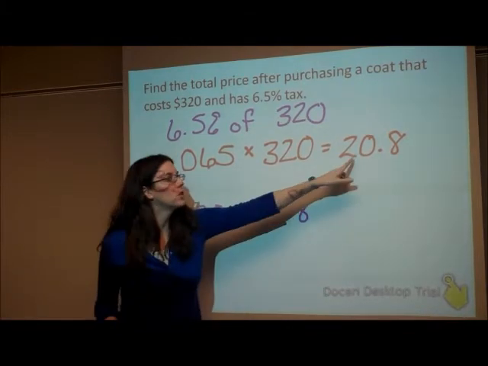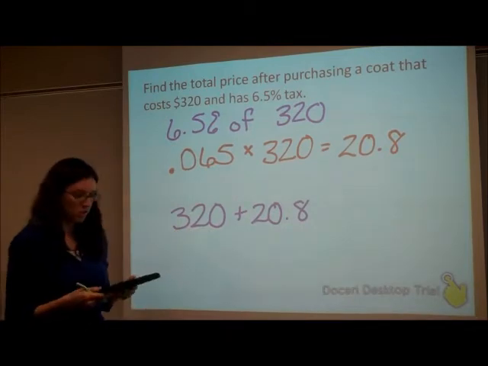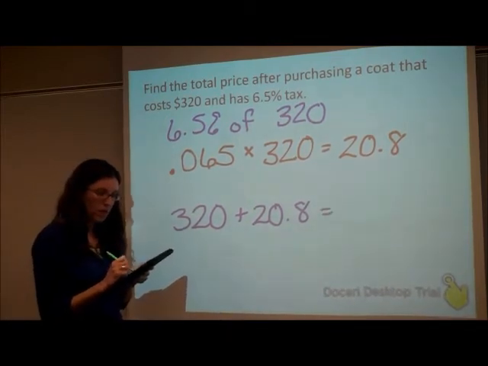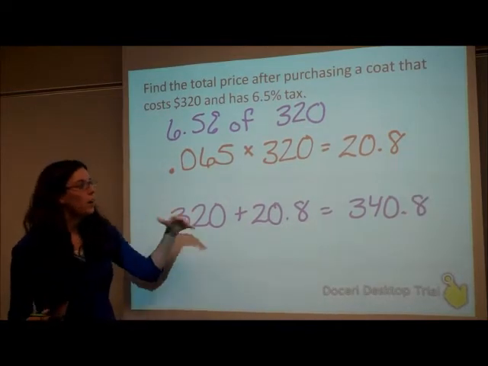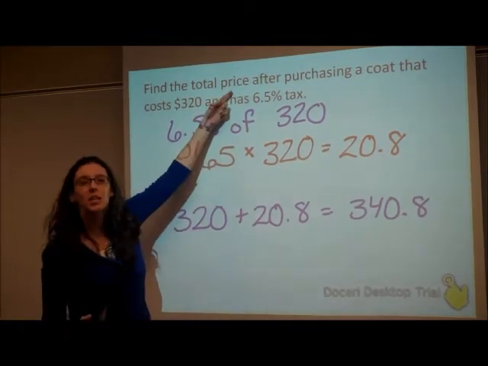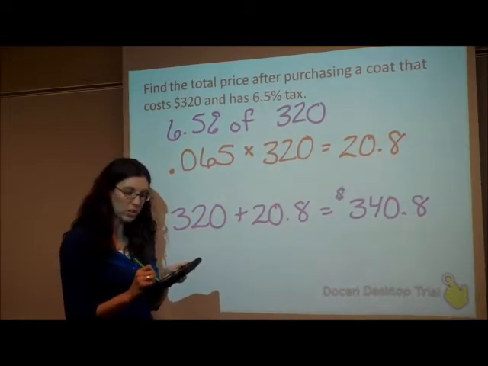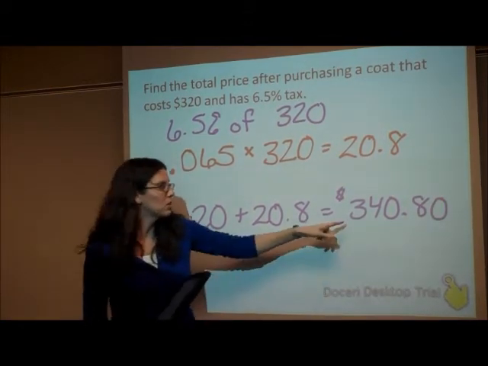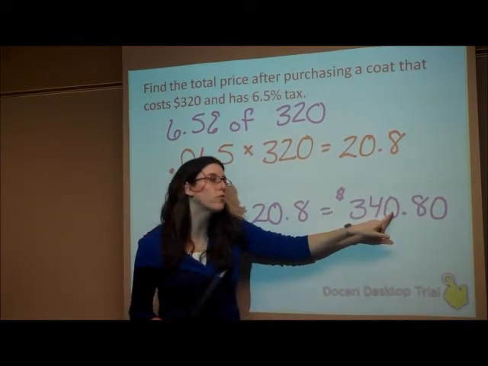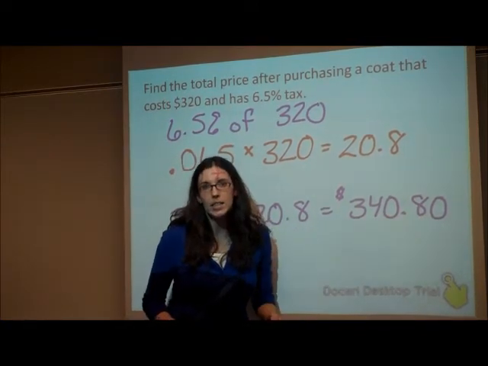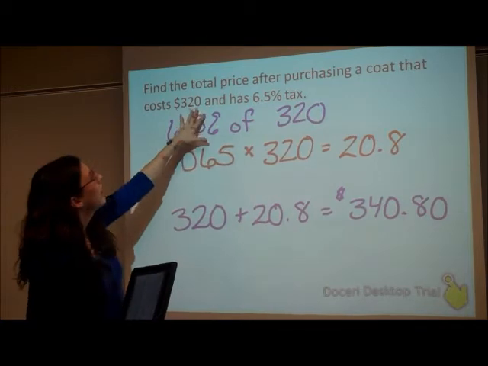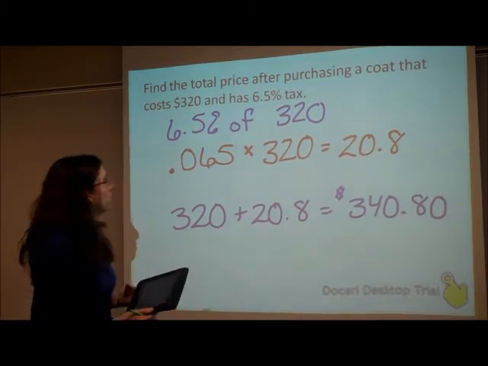So I need to add my 20.8 to the 320, and you get 340.8. Now, this is talking about money. It's the price. So with money, we always want 2 decimal places. So I need to say that it's $340.80, which going back, yeah, that would be a reasonable amount. Okay?